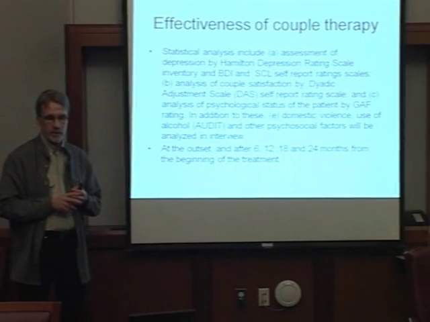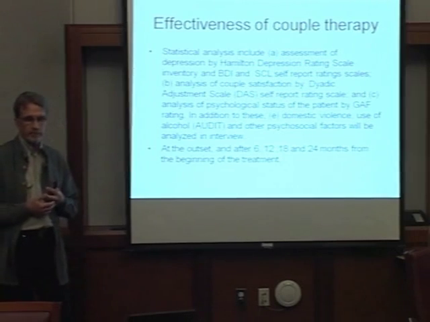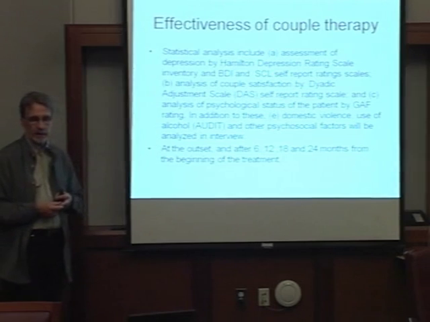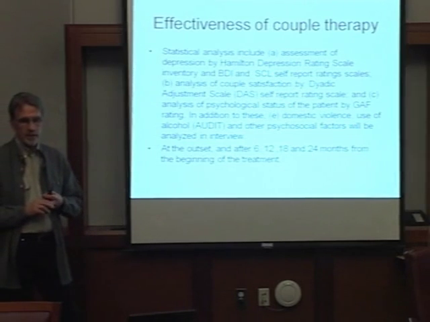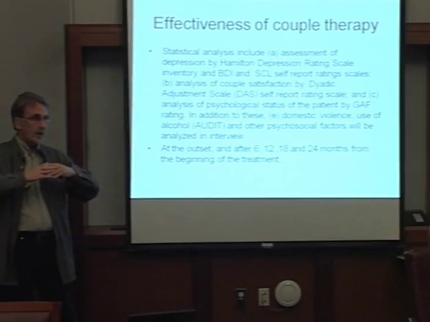interviewer assessed depression by Hamilton Depression Rating Scale. There was a self-report inventory, BDI, and Symptoms Checklist 90. And there was a Dyadic Adjustment Scale for the couples to be used.